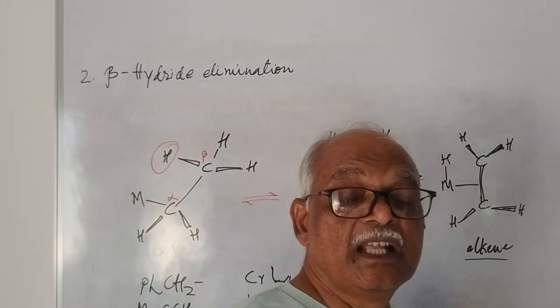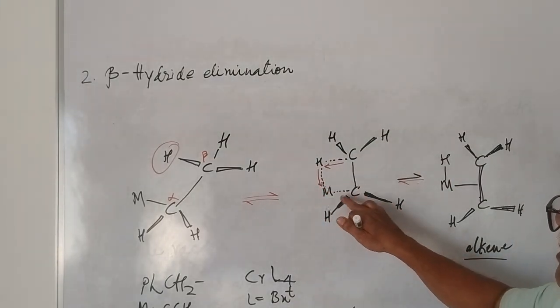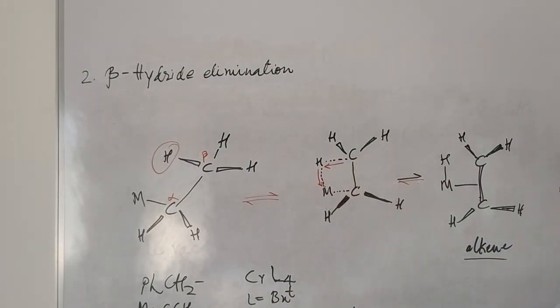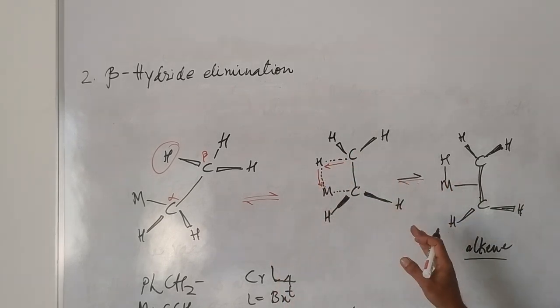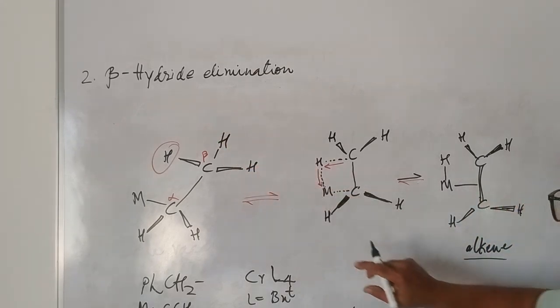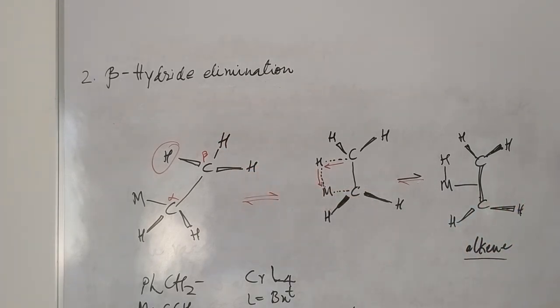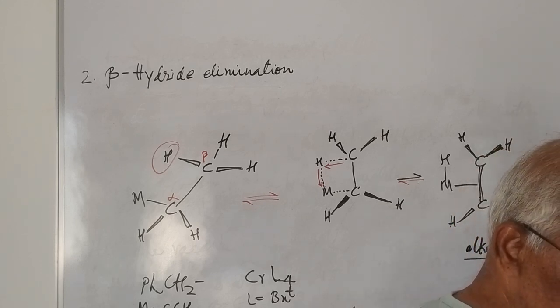Similarly, when this plane, carbon, metal and hydrogen are not syn coplanar, then there is no possibility of such a reaction, that is, beta hydrogen elimination, which gives metal alkene products.